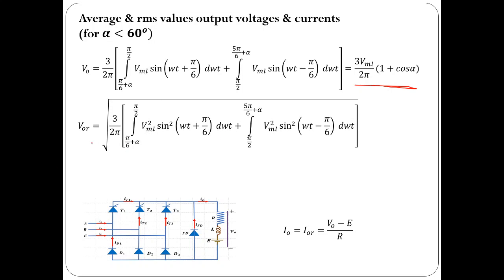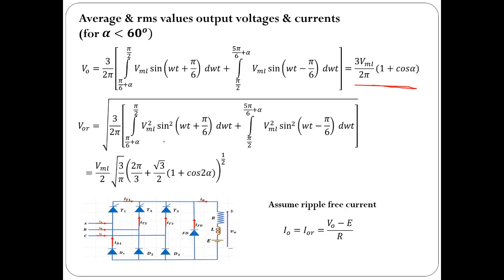And similarly, the output RMS value. The procedure to find the RMS value is to square the output voltage, take its mean value and apply the square root. So you do that and you get that the value is equal to VML by 2 into square root of 3 upon pi into (2 pi by 3 plus square root 3 upon 2 into 1 plus cos 2 alpha).